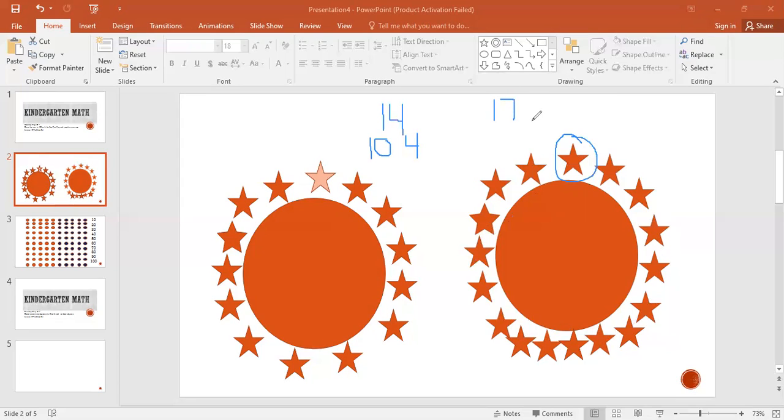And how do we say 17 in the say 10 way? 10, 7. Great job for 10 ones and 7 ones. 17 can be broken up into 10 ones and 7 ones. Great job, guys. Okay, let's go ahead to our lesson for today.